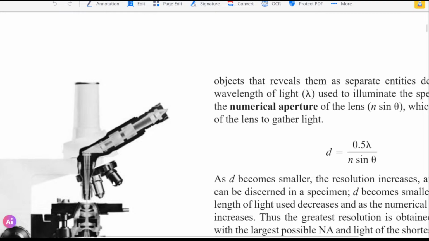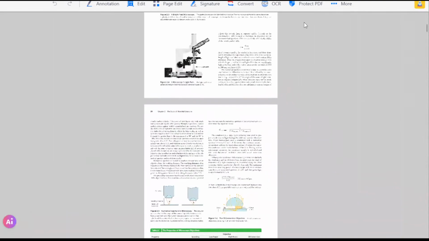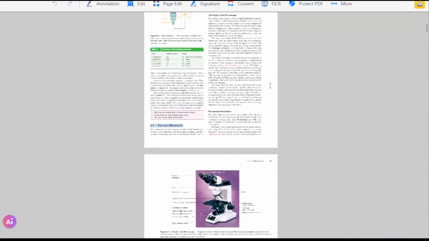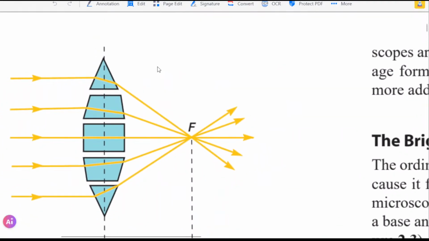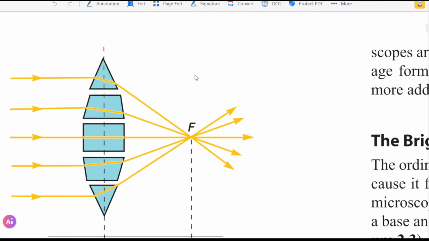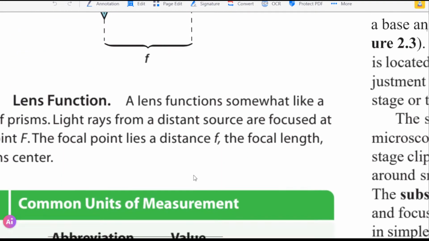He was measuring what distance of the specimen from the lens would be best for the lens to work perfectly, focusing the light on the specimen.